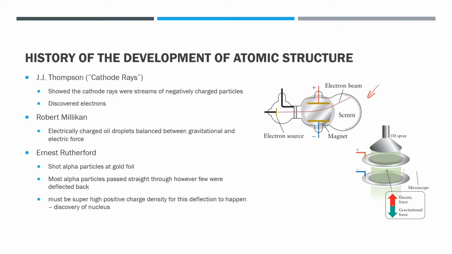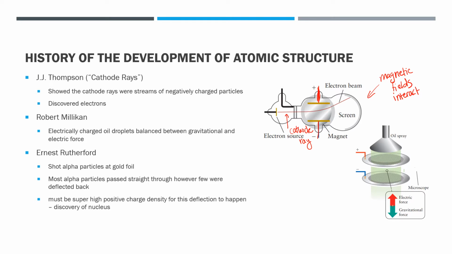So what happened was he created basically an electron source, which is called our cathode ray, as you can see in the diagram. These electron sources were put between a magnet, and the magnet creates a magnetic field. But magnetic fields interact with charges, and this causes the charge to curve.